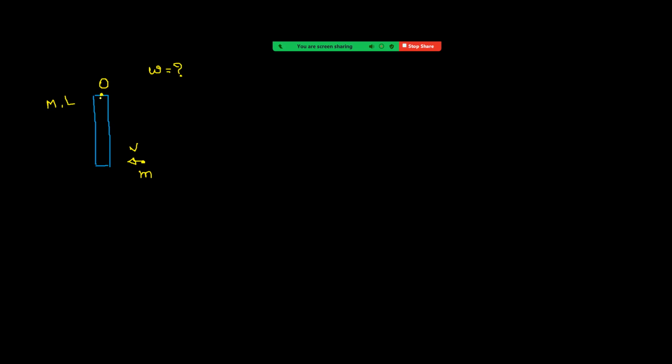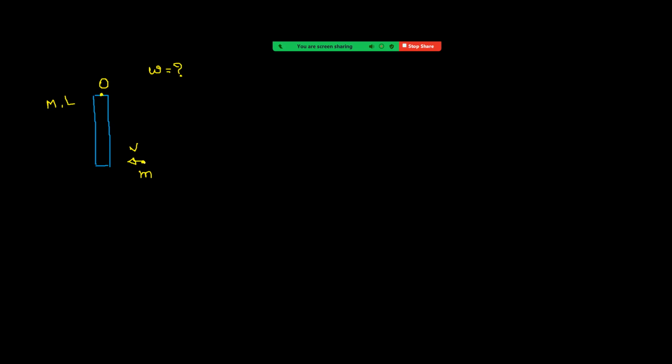Now see the torque equation about point O. On the rod, Mg downwards, normal reaction upwards. Torque due to the weight of the rod and torque due to the normal reaction are opposite and have the same value, so both cancel each other. The same thing happens for the particle also.